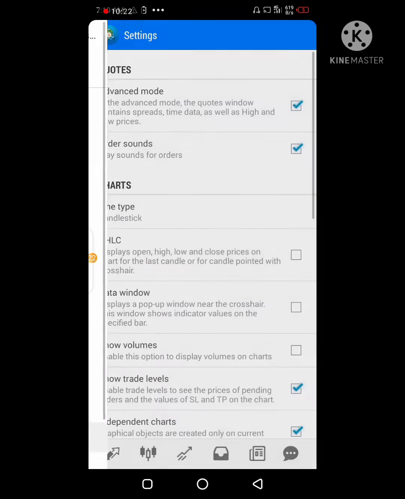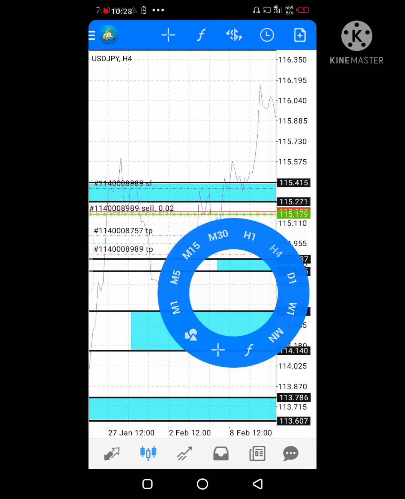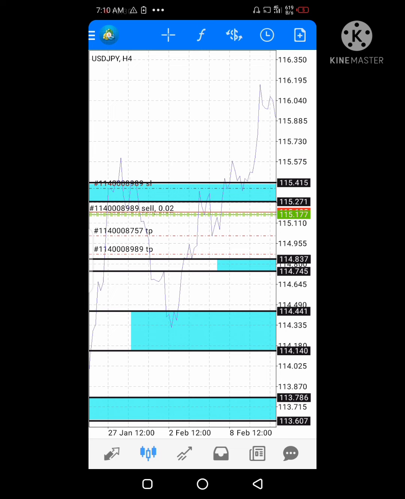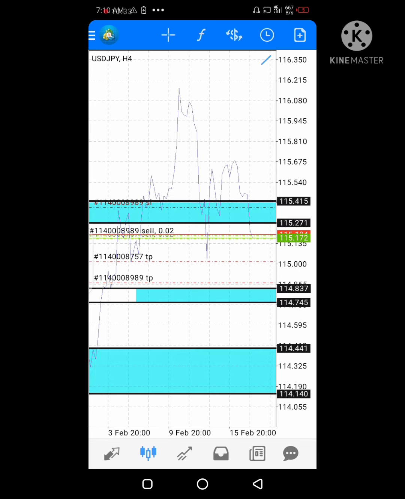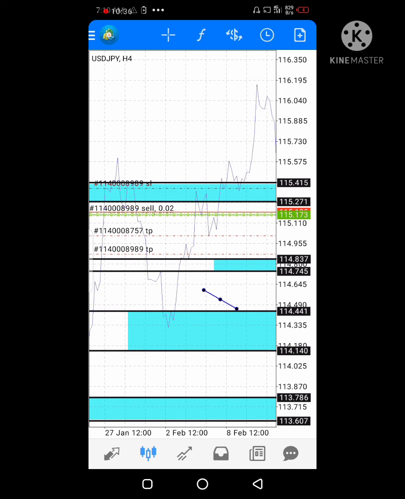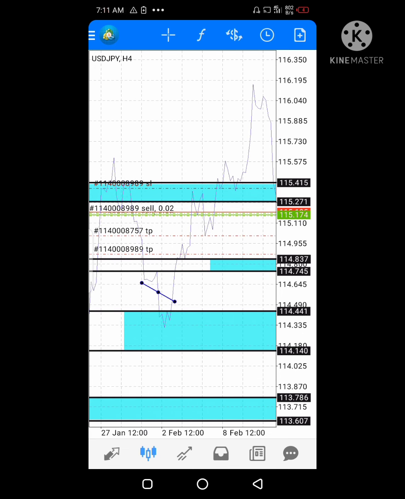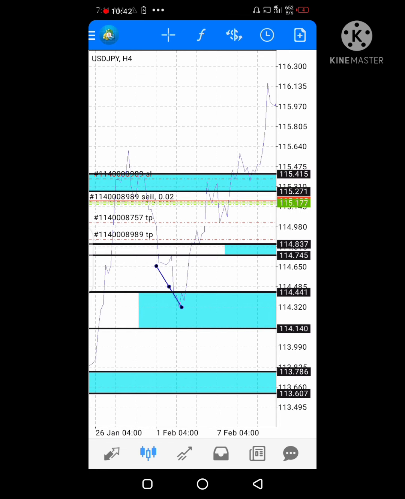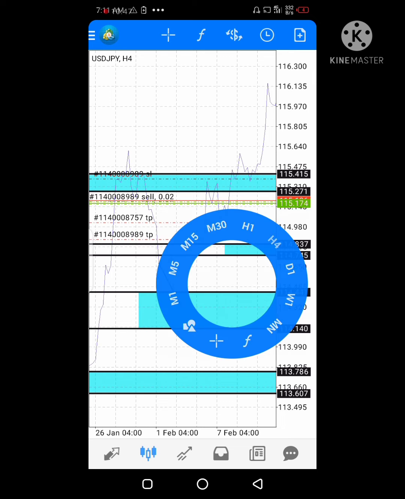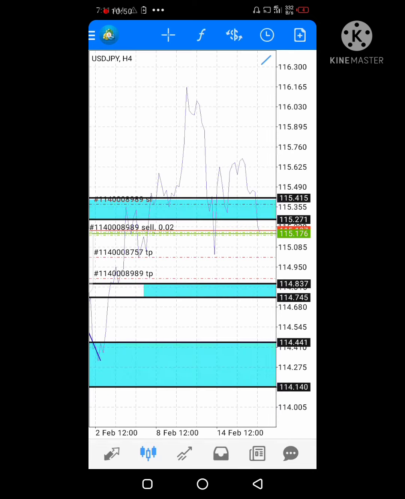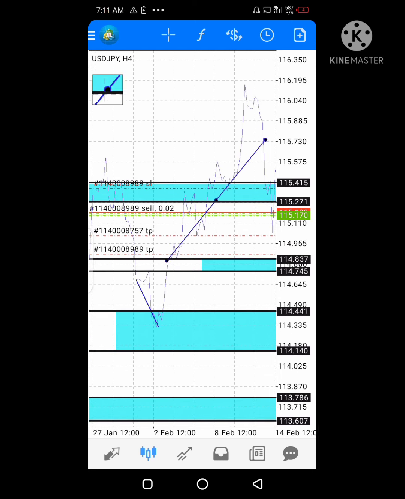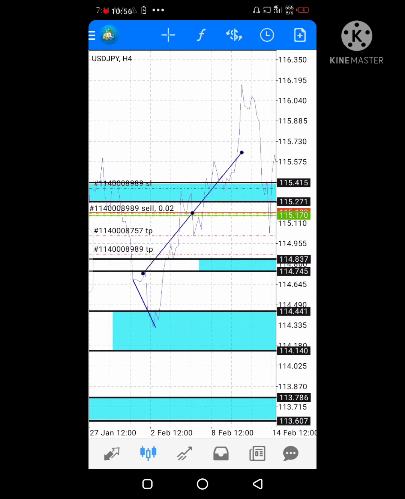Then if you look over to the line chart, you discover something. That price made a lower low here, then made a higher high, which is the head and shoulder pattern.